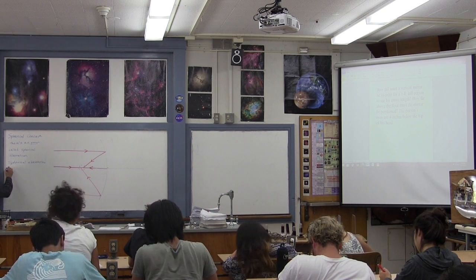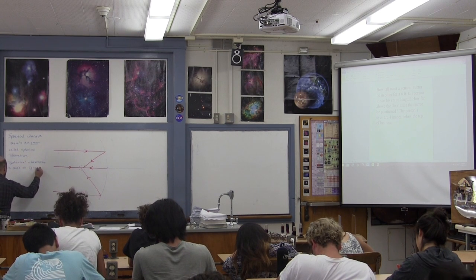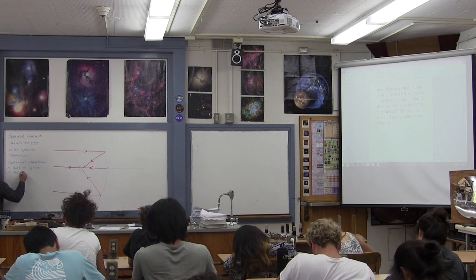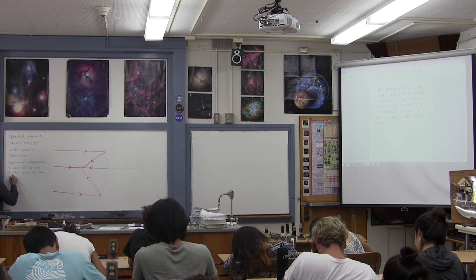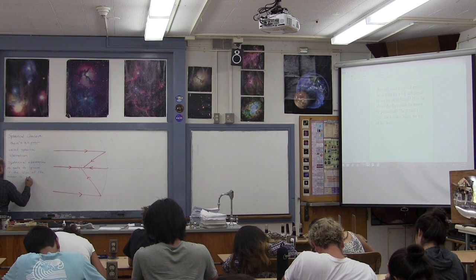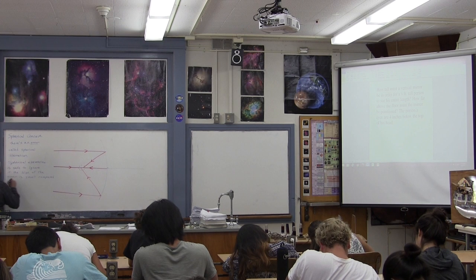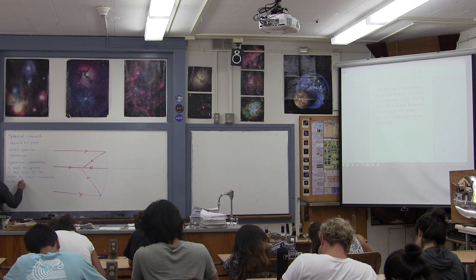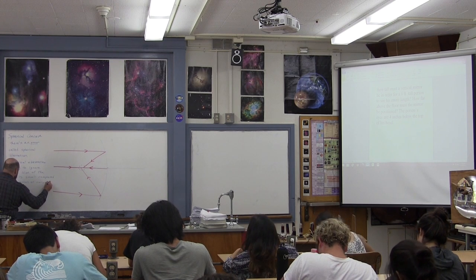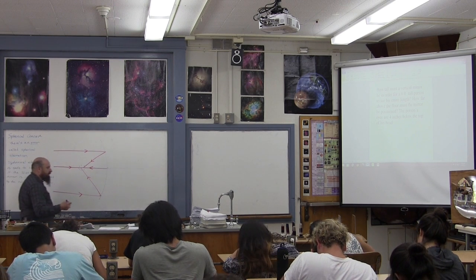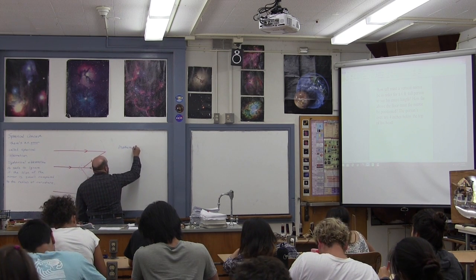Spherical aberration is safe to ignore if the size of the mirror is small compared to the radius of curvature. So we'll ignore the spherical aberration. Mathematically, however, spherical mirrors are just a little bit easier than parabolics.